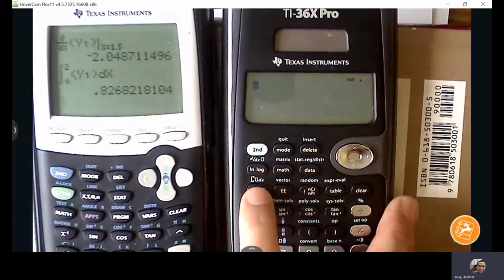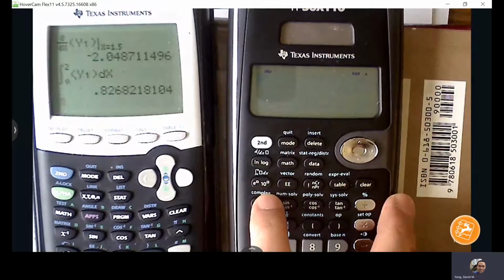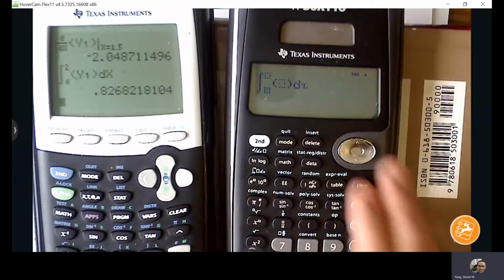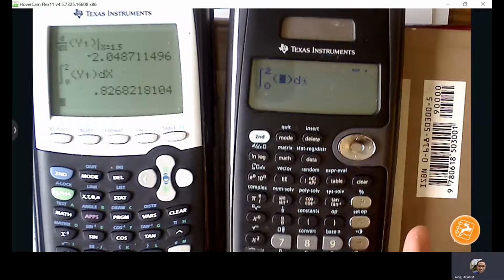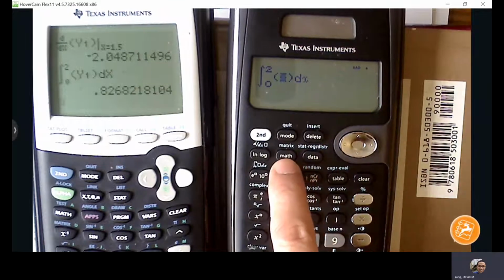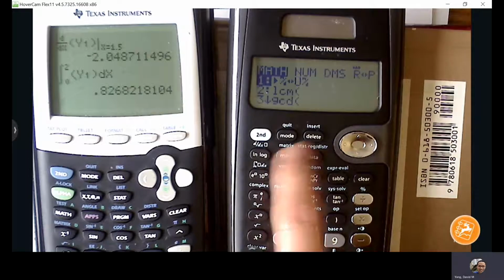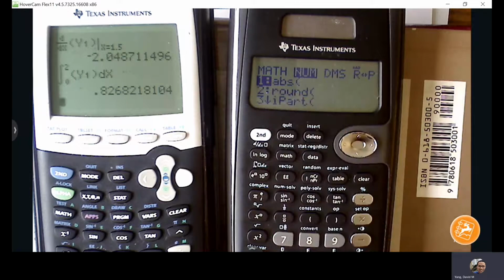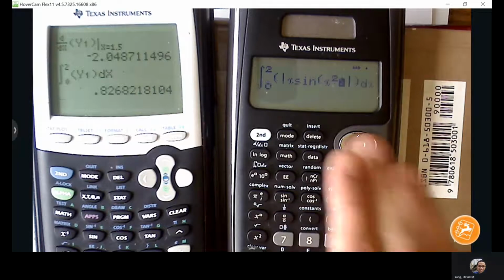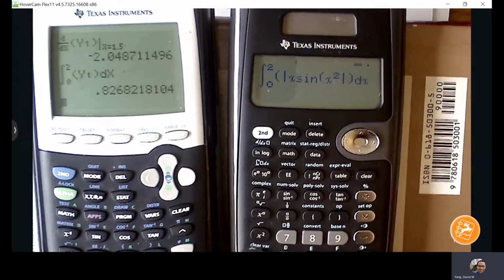Go to that integral feature there, second E. You're going to go from 0 to 2. Now you're going to get to that absolute value feature. Go to math, scroll over to NUM, and then there's that ABS, absolute value. Type in x sine x squared. It may take a second.